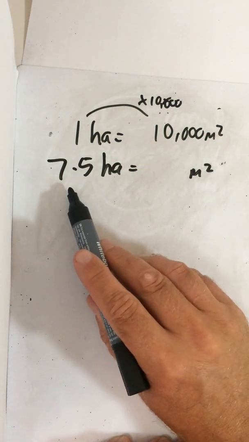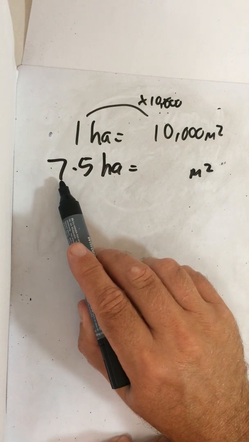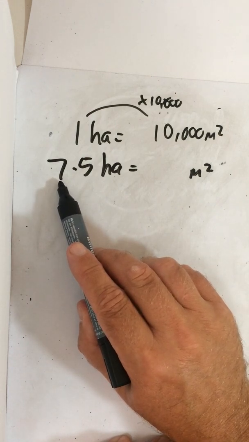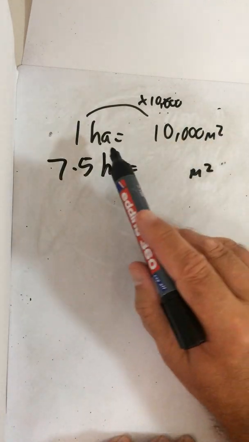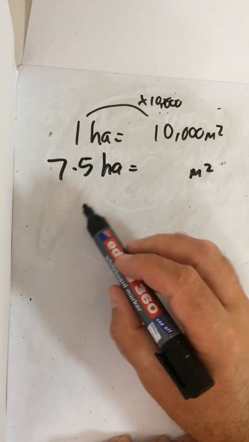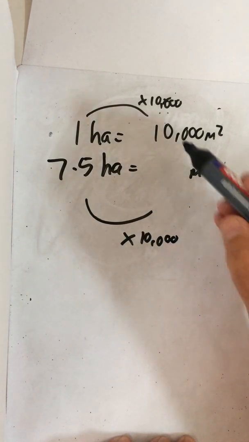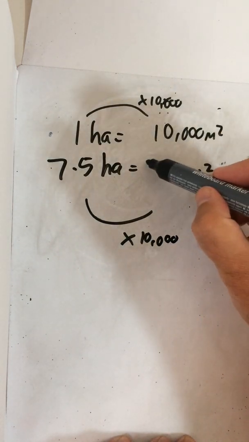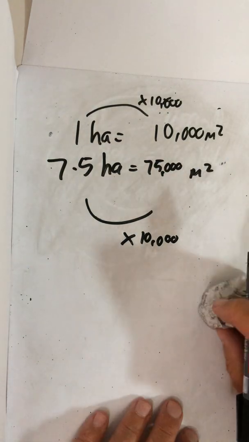And do the same here, times it by 10,000. So if 1 hectare is 10,000, 7 will be 70,000, won't it? Okay, so it becomes 75,000. And if I times 7.5 by 10,000, I do get 75,000.